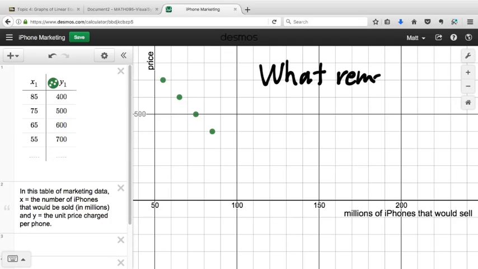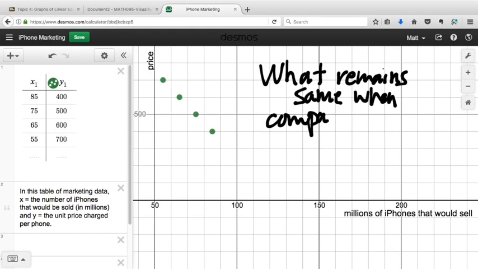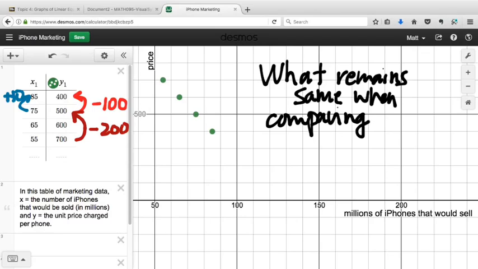What remains the same when comparing the first set of changes, which was negative 100 and positive 10, in what way do those two numbers have the same relationship to our second pair of changes, which were minus 200 and plus 20? What's the same about those two comparisons?